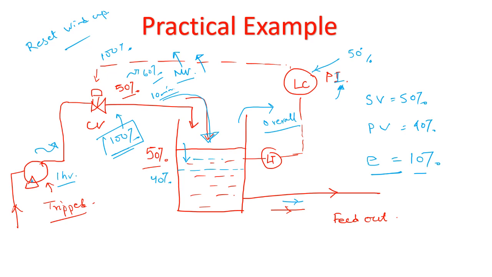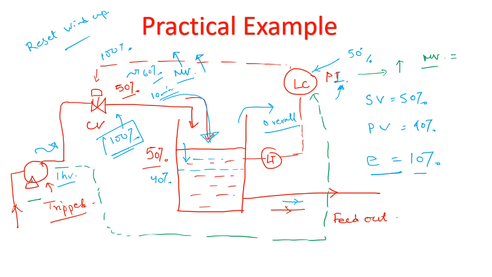So one of the easiest ways to tackle this particular scenario is to take input from the pump running. Maybe pump running feedback may go into the controller. And whenever the pump is tripped, it will not allow the integral action to increase further, or it can keep its MV value fixed at the value it last got, right?